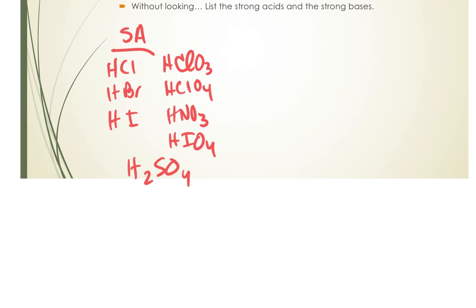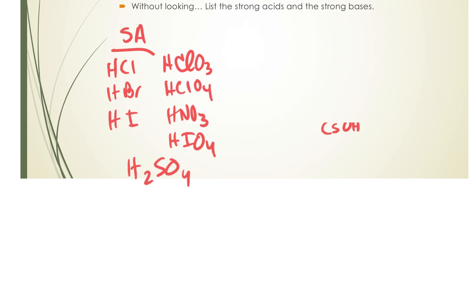In terms of the strong bases, those are all the group 1 hydroxides, or the alkali metal hydroxides. So that's going to be lithium hydroxide, sodium hydroxide, potassium hydroxide, rubidium hydroxide, cesium hydroxide. There we go.